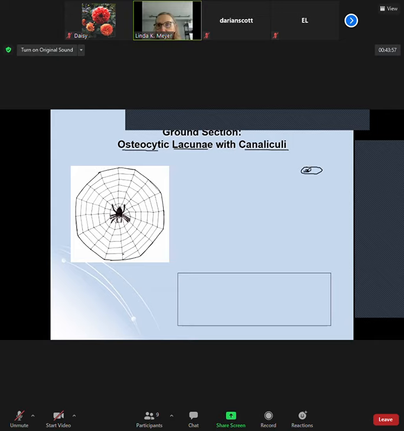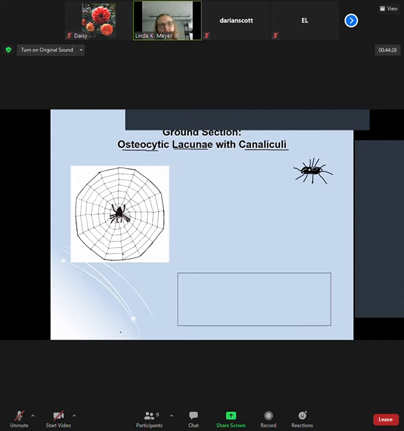The osteocytic lacuna is just a dark space where the osteocyte was, and the canaliculi are like the little legs of a spider. With an osteocyte, they radiate completely around the lacuna, so it looks like a spider.